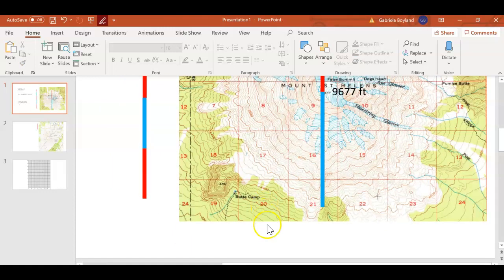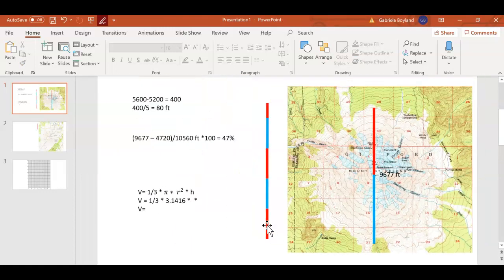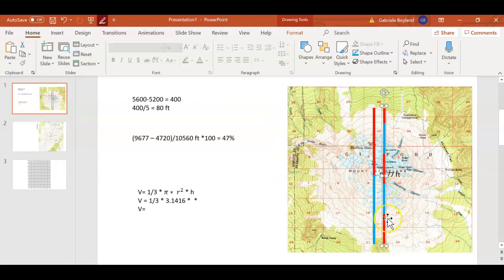So that distance is now a little bit bigger than the 4 miles, right? I already measured it, thankfully, and I have it going about 1, 2, 3, 4, and about 4.5 miles. So that distance is 4.5 miles from north to south.